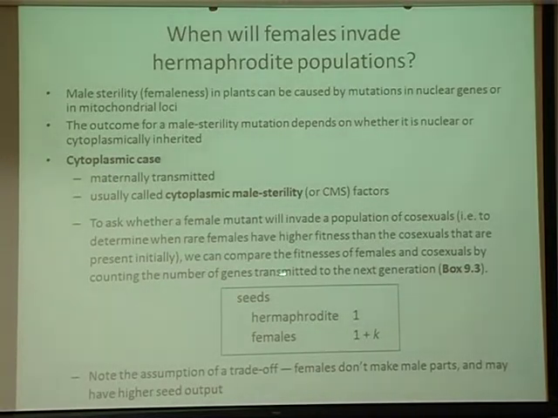The way we can do this is we can use the fitnesses of these two types in the sort of phenotypic fitness model that I explained, although it's such a genetically simple case that we don't need to. We can count the transmission to the next generation, and you can show that all you have to have for such a sterility factor to spread is that the females have a higher female fertility than the original co-sexes. And that's because this is maternally transmitted. It's only the transmission through the maternal lineage, through female function, that matters.